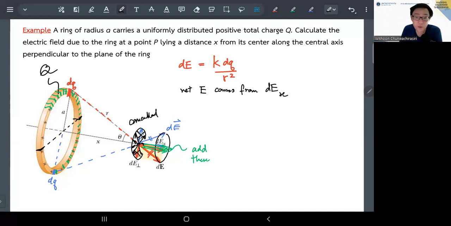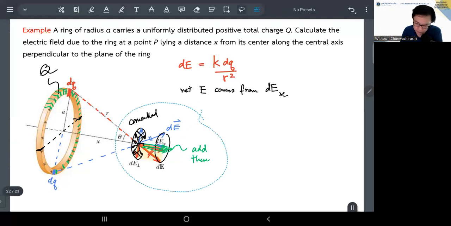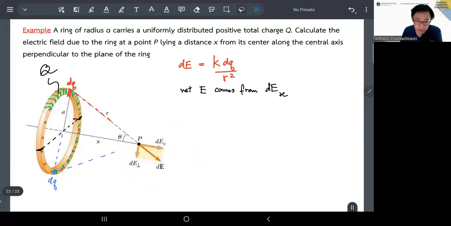And all I'm going to do is sum them up. Okay. So I hope you understand the whole explanation over here. So come back now. I don't want this anymore. I think everyone's following here. So that's why I only need this component of dE along X, because I know along the perpendicular direction will cancel themselves out. There's nothing left there.